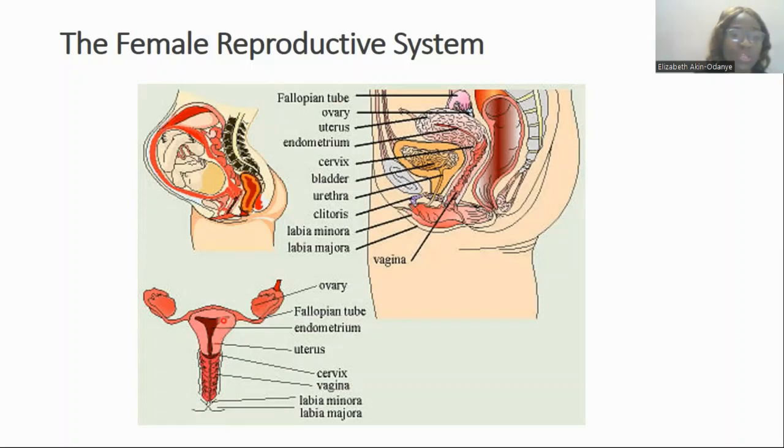The progesterone thickens the endometrium in preparation for possible implantation, so that if conception takes place, the womb is cushioned, made ready, made nutritious, and made conducive for a new life to start.